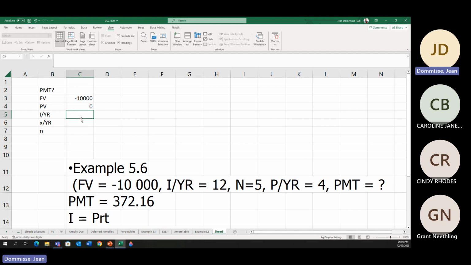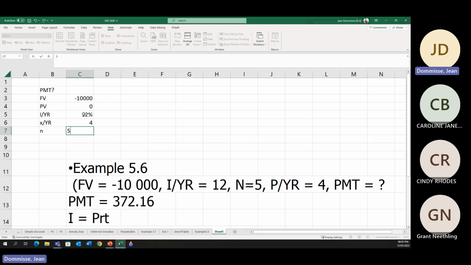If a sinking fund earns interest at the rate of 12%, okay, so your interest rate is 12% because that is what a sinking fund earns. They tell us compounded quarterly. Quarterly is 4 times a year. And then for 5 years.